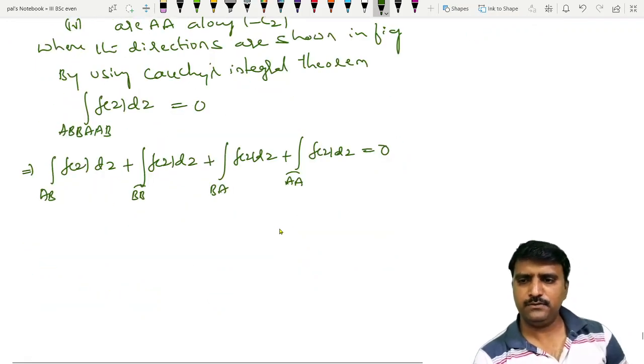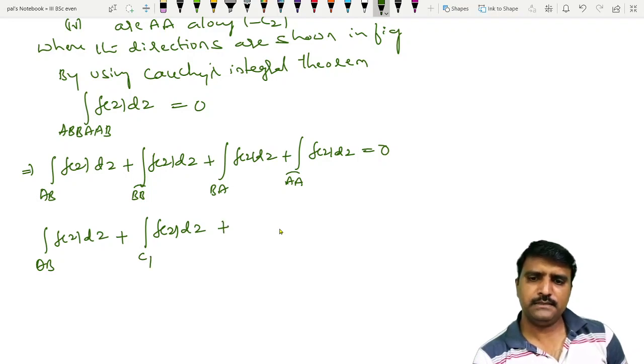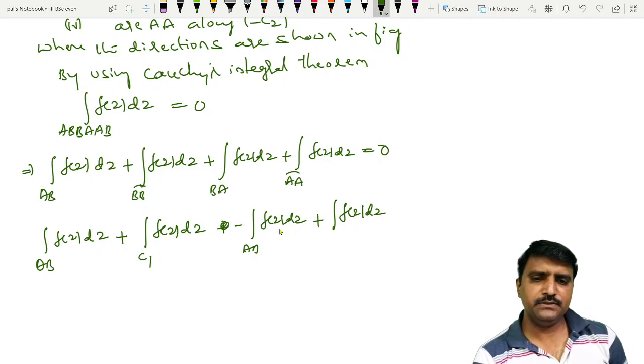Now the integration of f of z dz over AB, plus the integration along BB, which is the closed contour C1, plus, if you want to change the direction BA as AB, then you write a negative sign, integration of f of z dz along AB, plus the integration along AA, which is nothing but minus C2, is equal to 0.